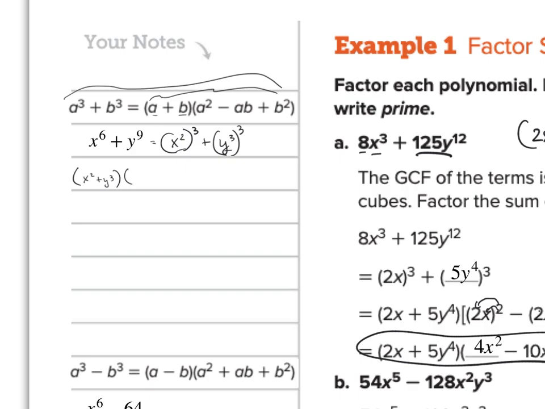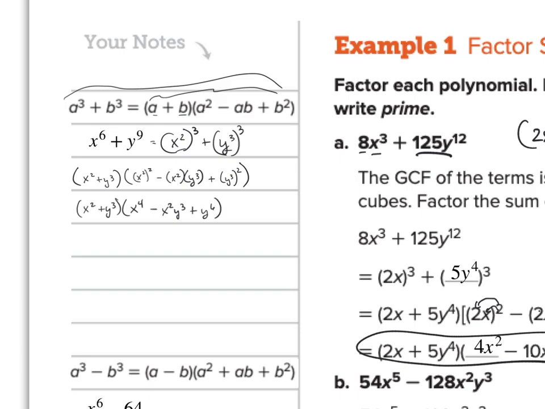Then I have x squared raised to the power, and then minus my a, which is x squared, times my b, which is y cubed, plus my b squared, which is y cubed squared. And then sometimes we do have to simplify, and I have x squared plus y cubed times x to the fourth minus x squared y cubed plus y to the sixth.